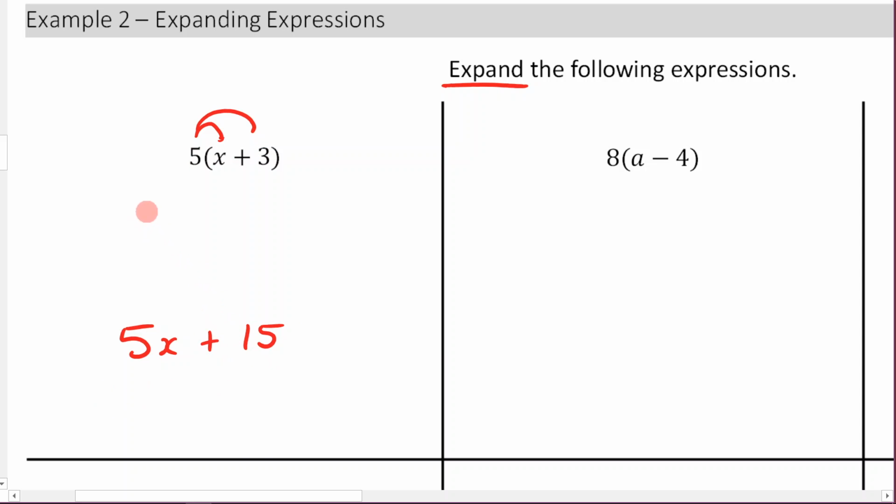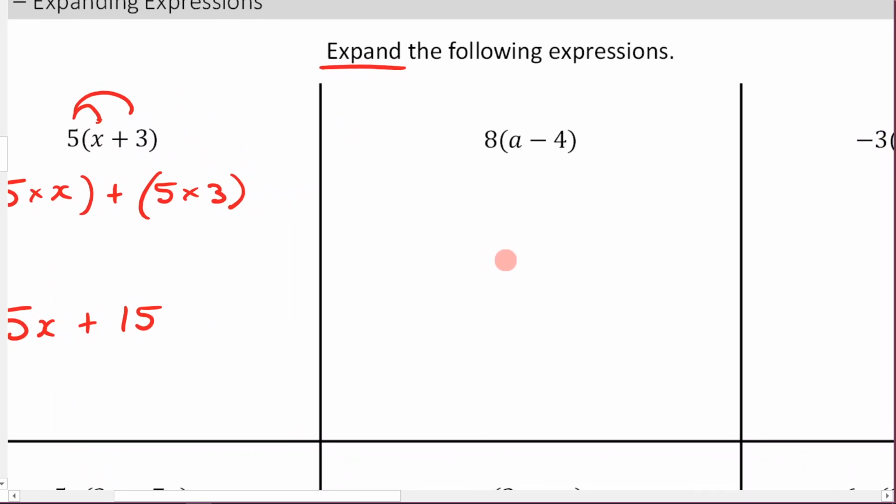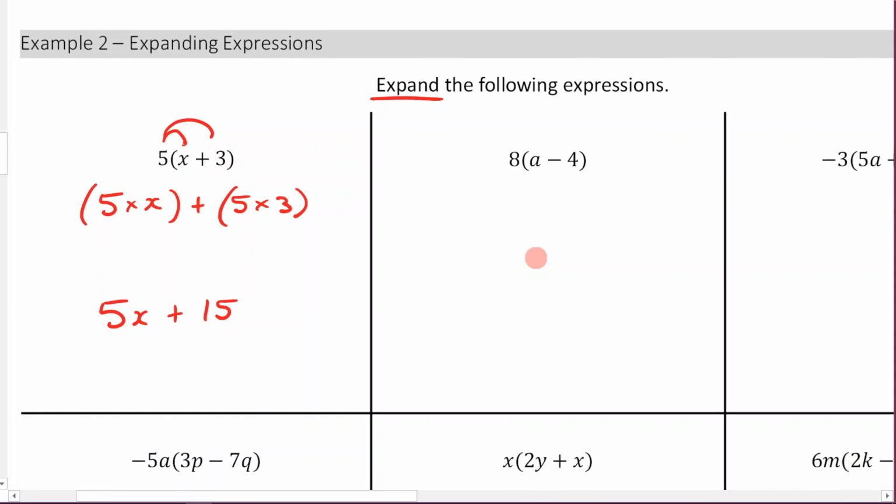If you wanted to go a bit slower, you could go 5 times x plus 5 times 3. And then from there, you're going to there. But I think you would agree that it's pretty easy just to go straight to there. But again, if you were feeling not too confident with it, you could just go, all right, I'm going here to here, here to here. This is 8 times a, 8 times a.